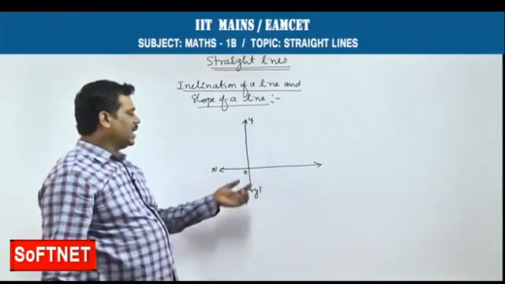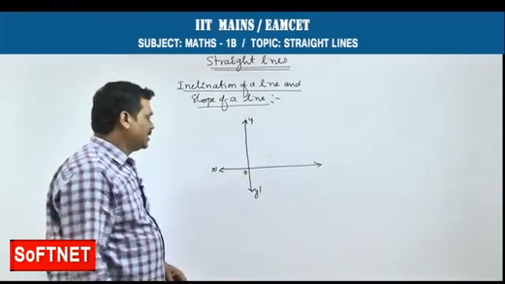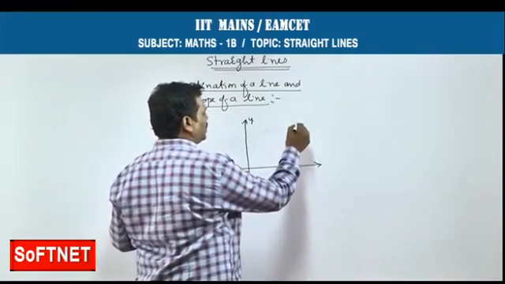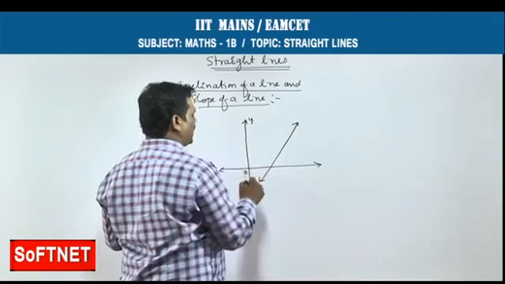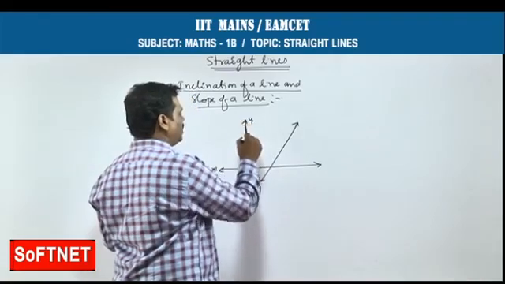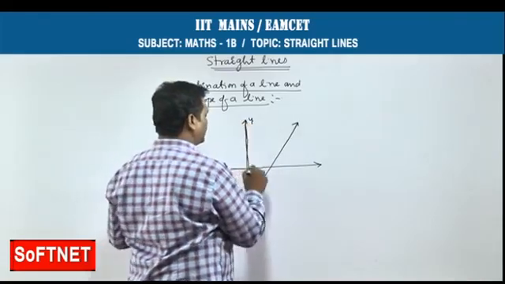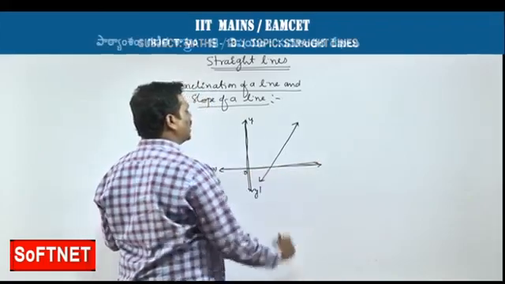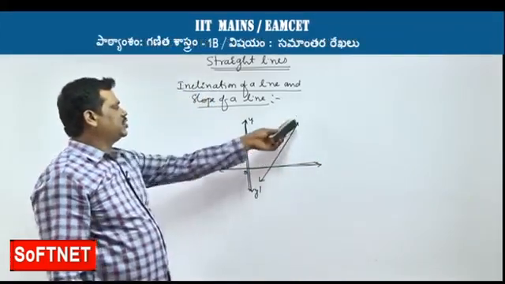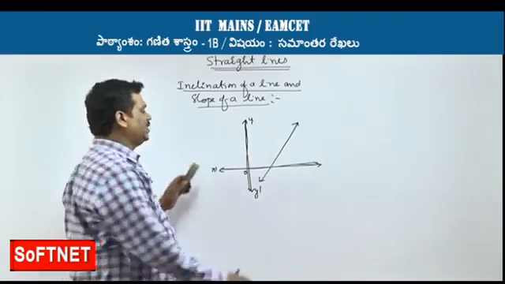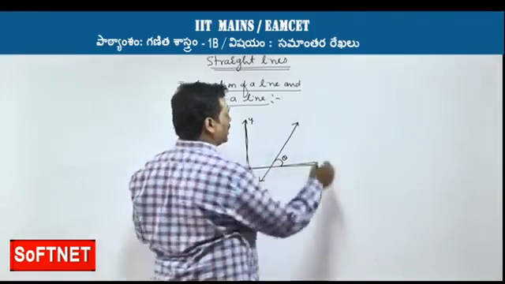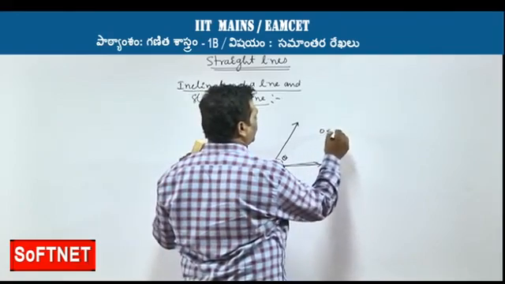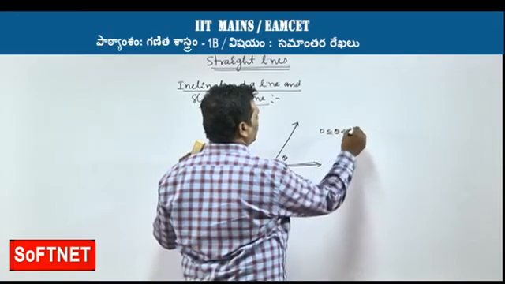If a non-vertical line makes an angle theta, this is a non-vertical line. The y axis is nothing but vertical line. The x axis is nothing but horizontal line. This is a non-vertical line. If a non-vertical line makes an angle theta, here theta lies between 0 less than or equal to theta less than pi.